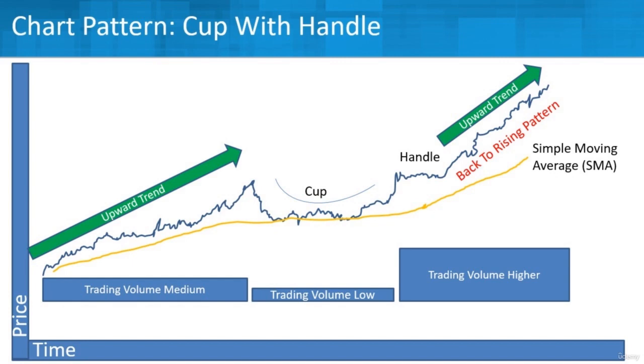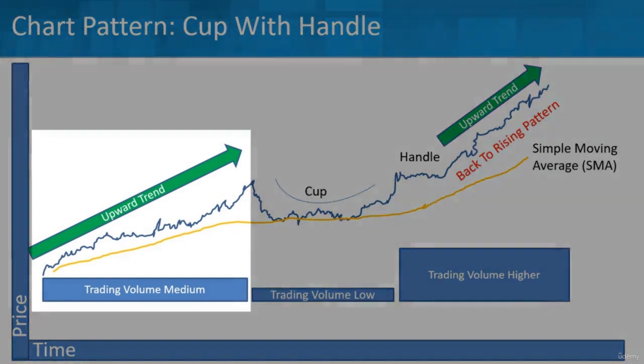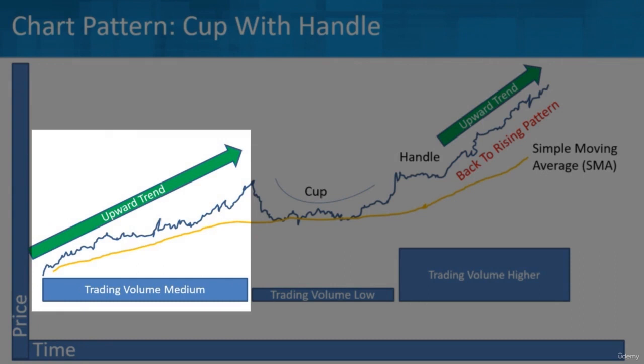First off, let's start at the very far left. We've got to have an upward trend, right? As you can see here, the general direction, if we were to draw more specific trend lines, you can see that the slope is upward, the prices are getting higher. There's an upward trend. And then you can see that the trading volume at the bottom is a medium trading volume that you'd see looking over the history of the prices for your security.